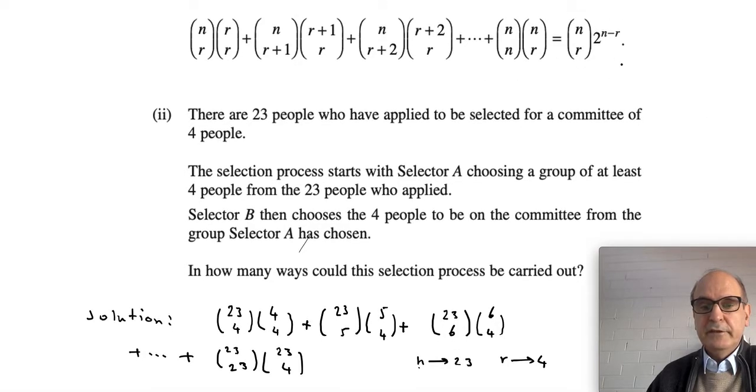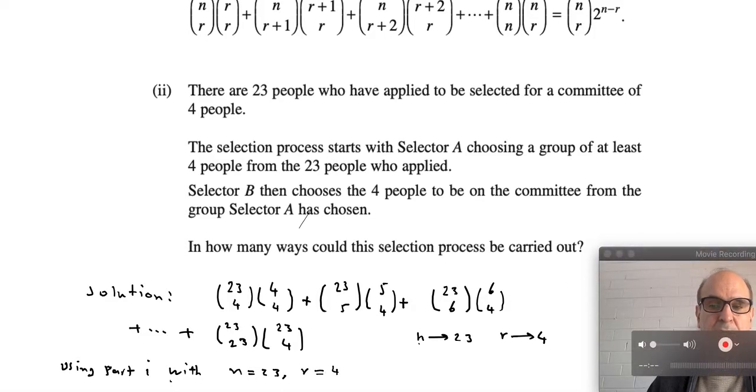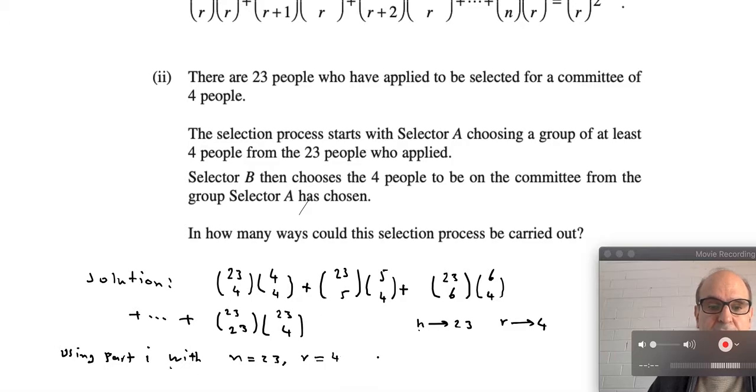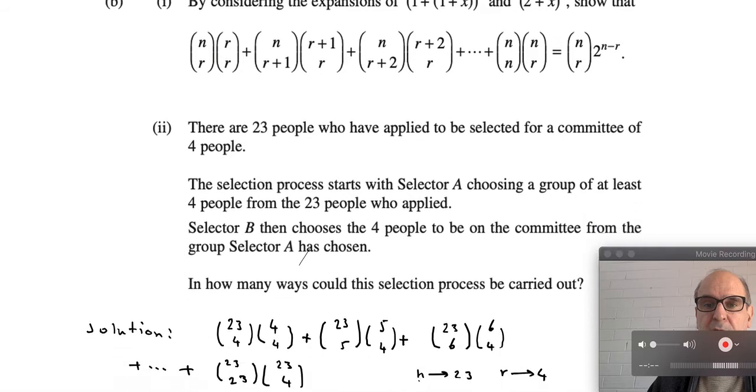Okay, so now we know that this is equal to that, then using part (i) with n equal to 23 and r equal to 4, this sum, the sum above, will be equal to what part (i) says: n choose r times 2 to the power of n minus r.